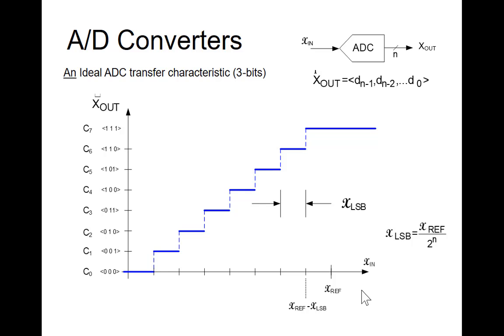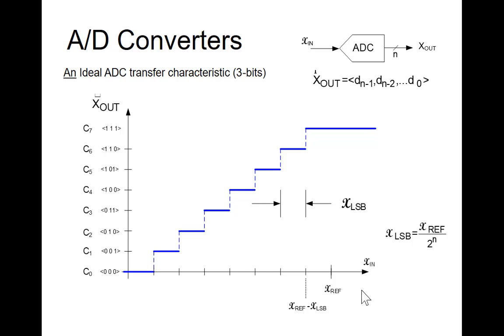The distance between two transitions on an ideal ADC is called the LSB. If you look at the last transition, if the first transition occurs here, this will be typically 1 LSB.